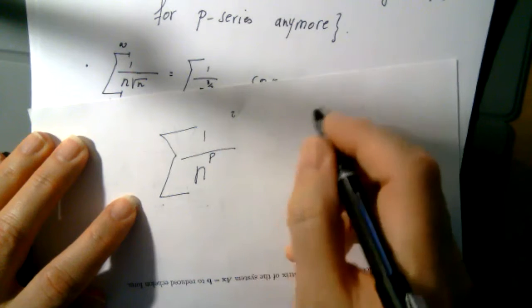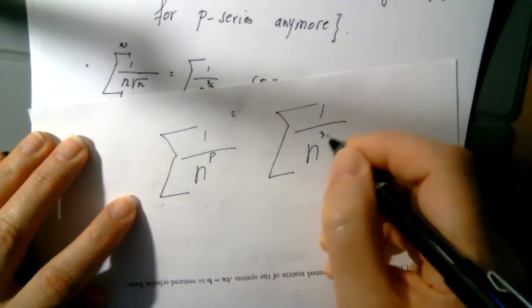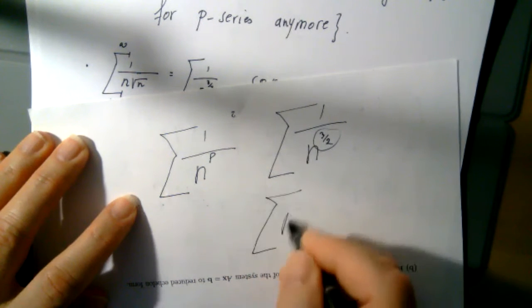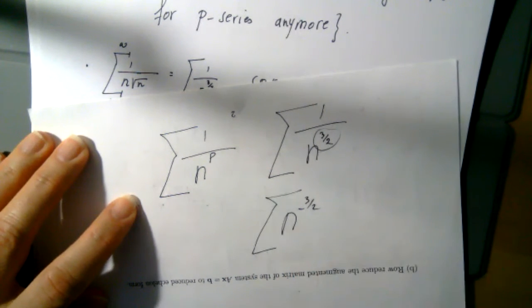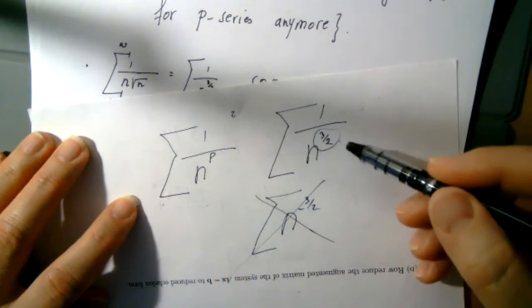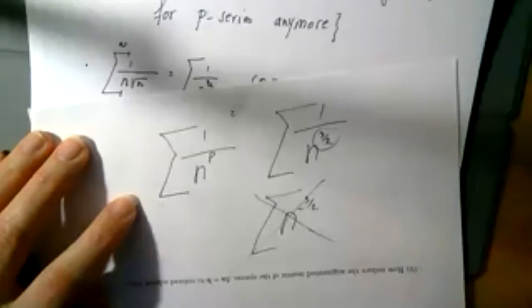So in my problem, it was 1 over n to the power 3/2. That's the P. I don't rewrite it like this and look at the P. Are you with me? Yes. That's not the way I'm looking at the P. The P is what shows up down here in the denominator. So P is 3/2 in my scenario.